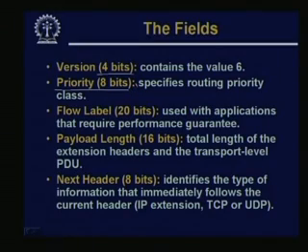Priority, as I told you, this specifies the routing priority. Flow level, well, I am telling you what this actually means. This ensures some sort of flow control and quality guarantee. This field is used with applications that require performance guarantee.